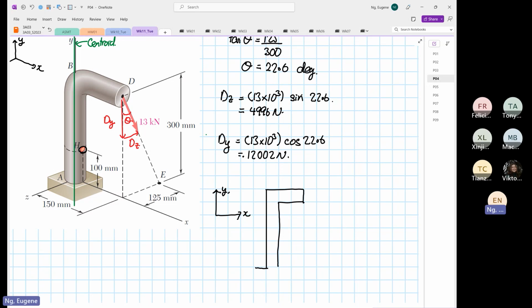And it's built in over here. And then we have our element H.